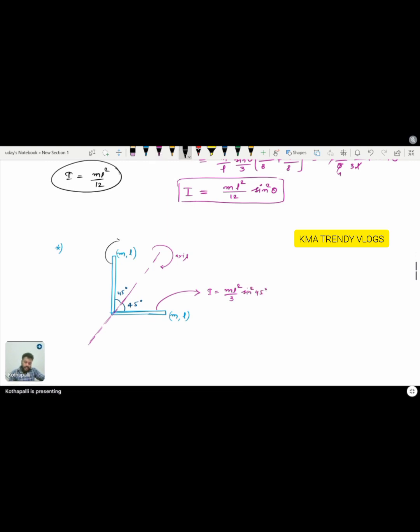What about the moment of inertia of this rod? ml square by 3 sine square 45, because the same scenario applies. So the total moment of inertia will be ml square by 3 into sine square 45, 1 by root 2 whole square, into 2 times that. So it will be ml square by 3, because root 2 whole square is 2 and the 2 will get cancelled. This is the total moment of inertia in the SI system. I hope you understand. Is it clear?